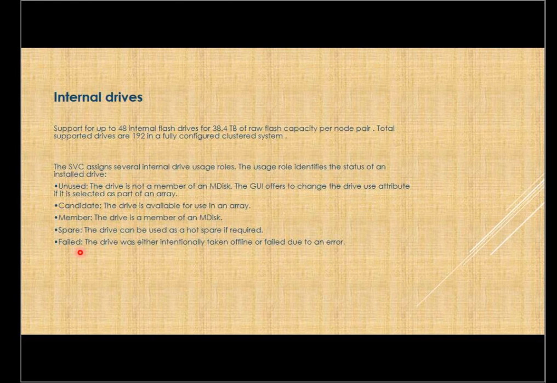There is one more state called failed state. If the drive is in faulted condition, it will be in the failed state, or you can manually make a drive offline. When you manually make a drive offline, it also goes into a failed state. So these are the different states of the drives. To add on, this is not only for SVC, but for both V7000 and SVC.